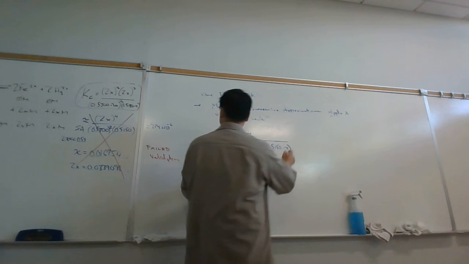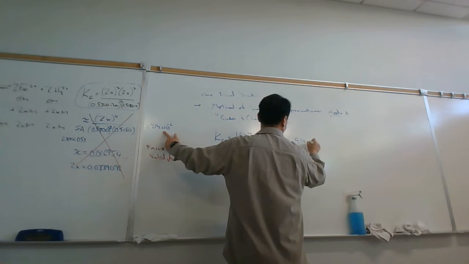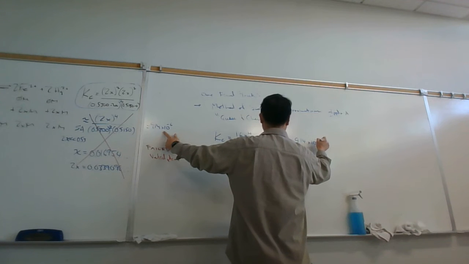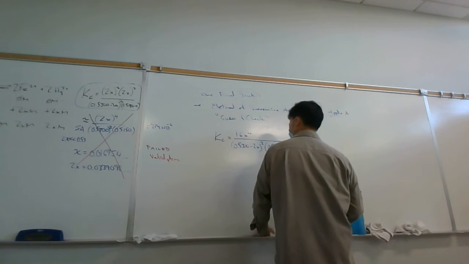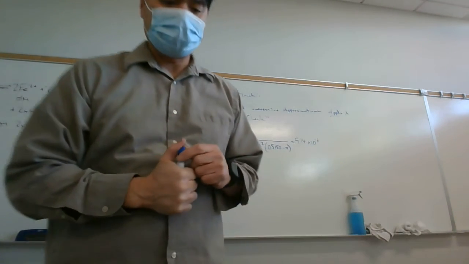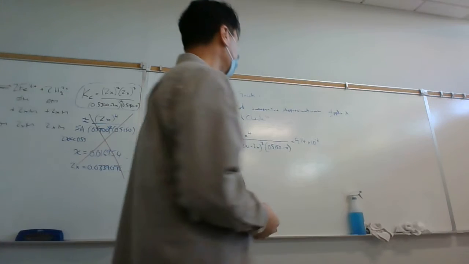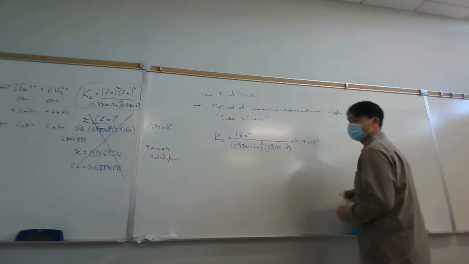We know what this should equal. This should equal 9.14 times 10 to the minus 6. That's what it should equal. So what we're going to do is guess an x value and then see what K comes out to. We'll make a little table here and see how many guesses we can get.